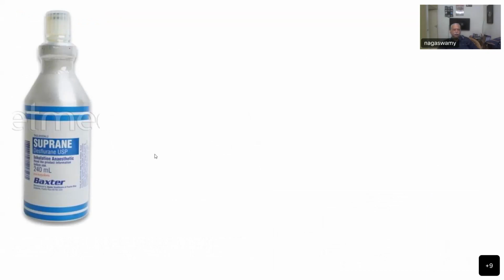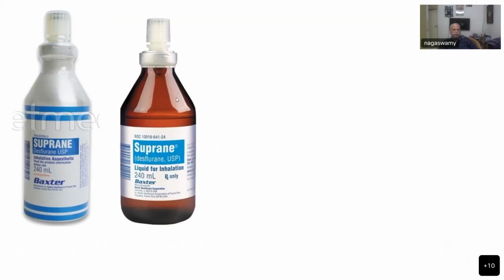Now this is what I told you about how the bottle is manufactured. This is the original bottle by Baxter, which is 240 ml quantity, with a specialized filling cap here. This is called the bayonet cap, so that it will go into the specified locking system. And this is a later version, the amber colored bottle.